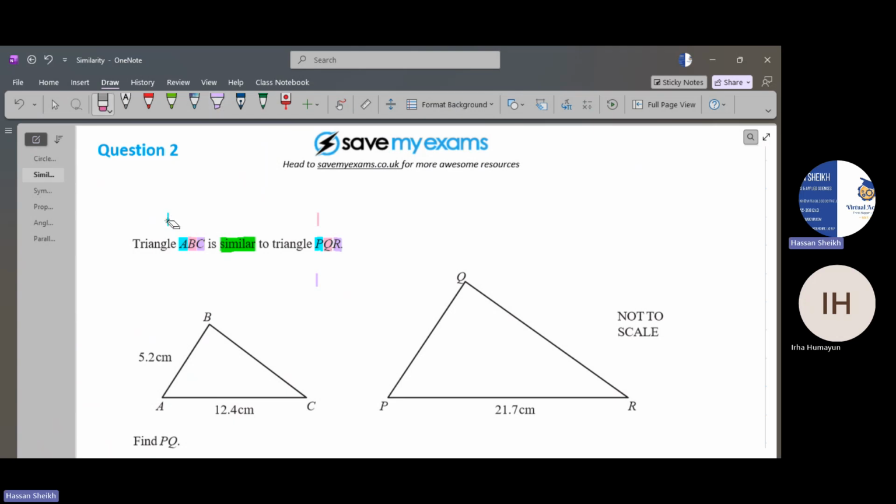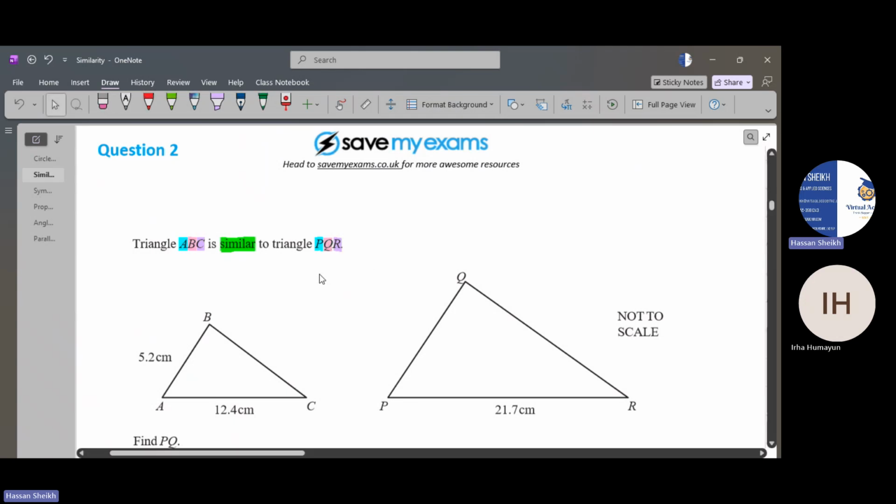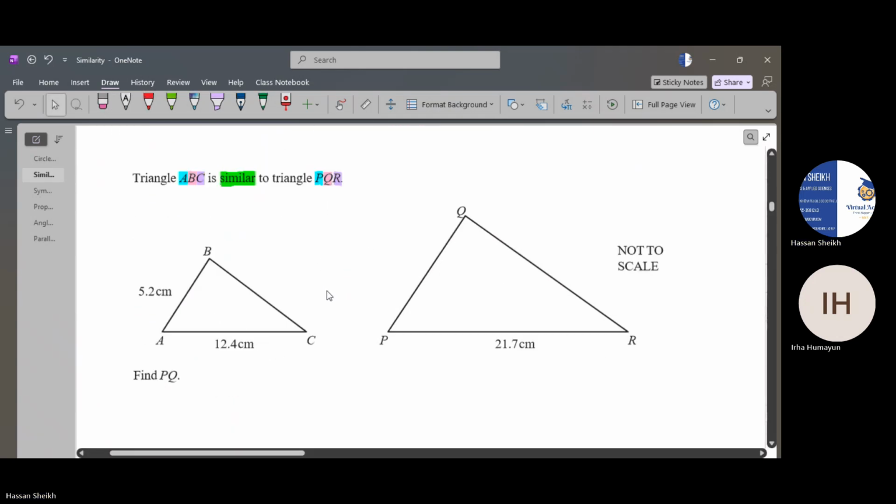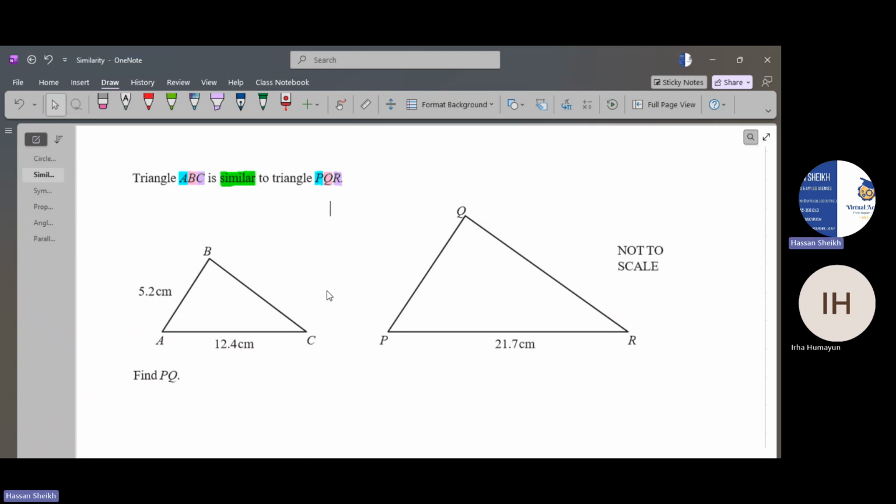Why is it important? Because once you apply the formula, you need to keep in mind which vertices or which sides are corresponding. Now, in triangle ABC, they provided you with the lengths of two sides, which are AB as 5.2 centimeter and AC as 12.4 centimeter. And in triangle PQR, only one side is there, which is PR.